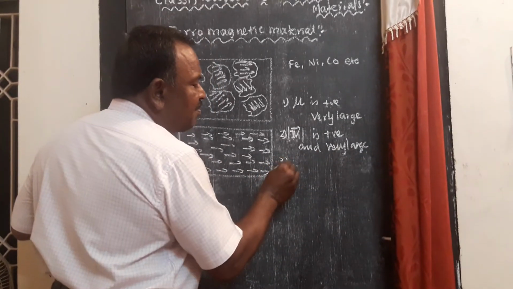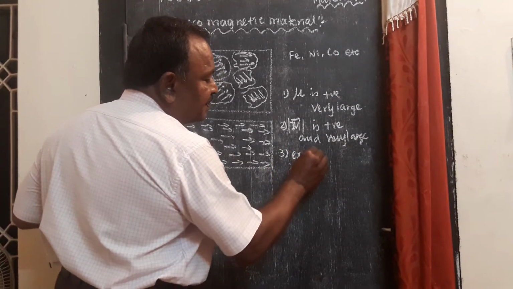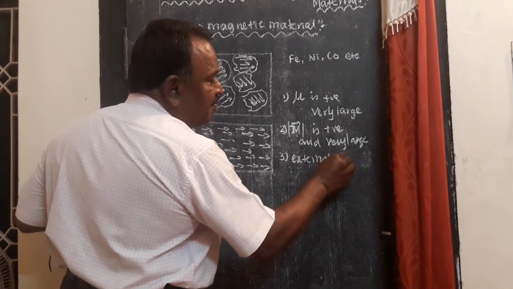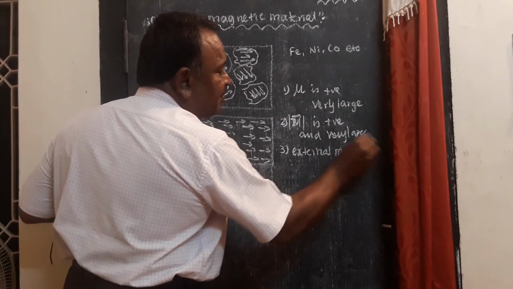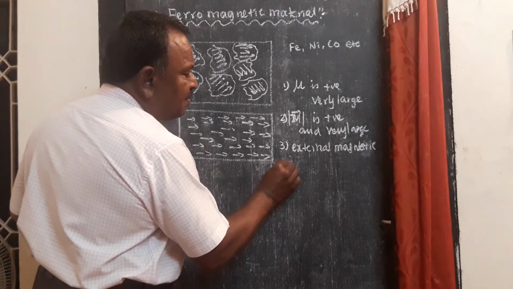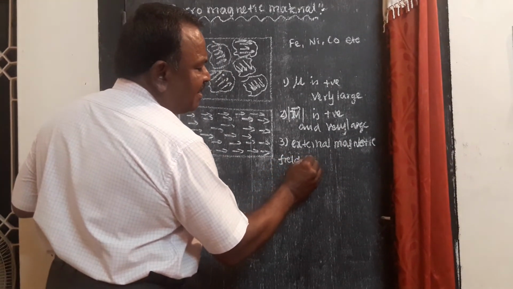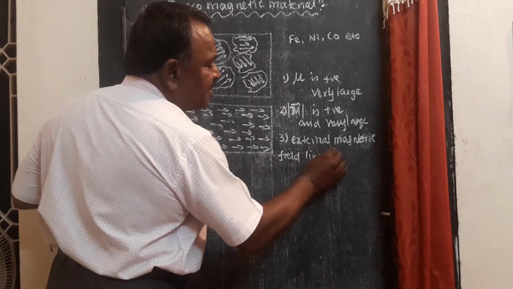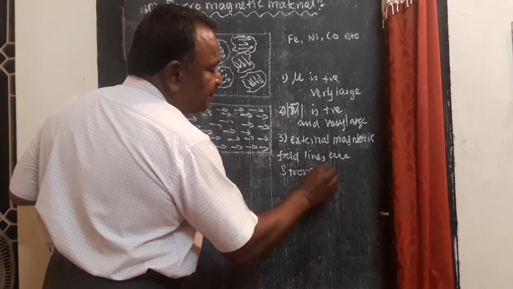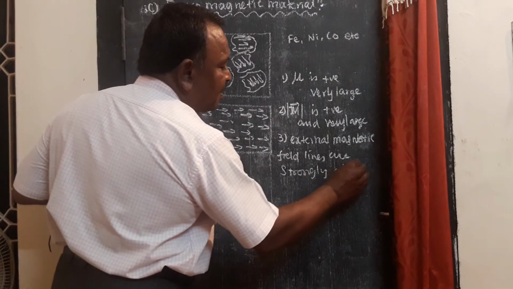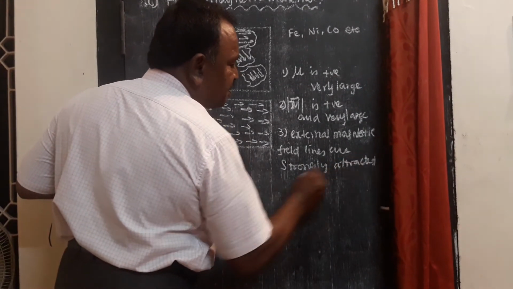In the external magnetic field, field lines are strongly attracted by the specimen.